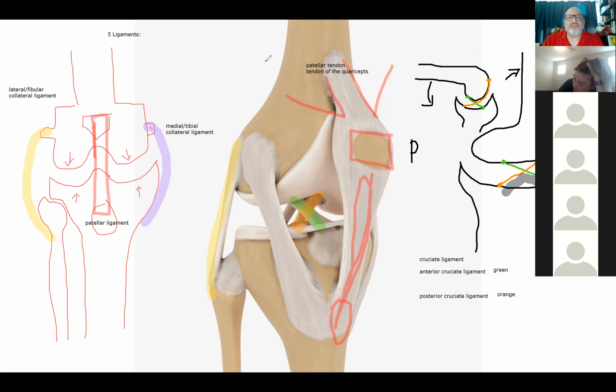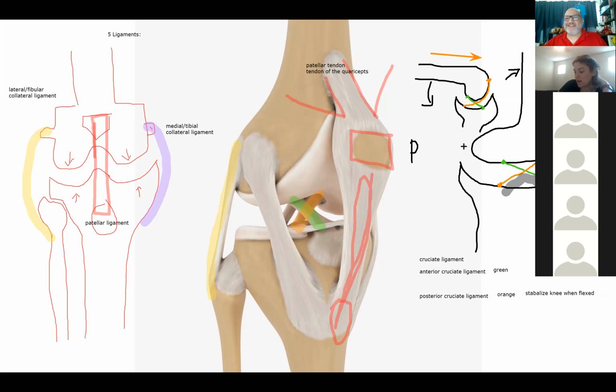So it is the posterior cruciate ligament that helps to stabilize the knee when flexed. So notice if you're running, for instance, there is a tremendous amount of force and acceleration put on the knee in that direction. And our posterior cruciate is what is going to stabilize it in that location.